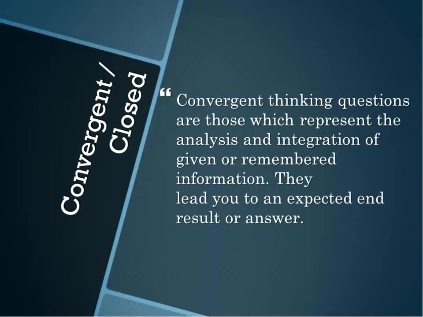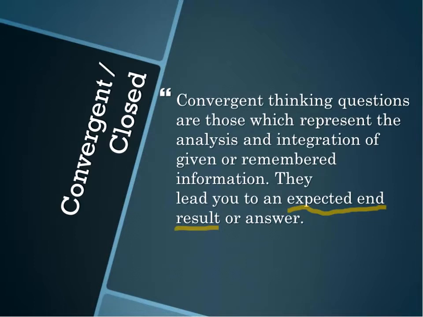Now, there's nothing wrong with closed questions. They're very important. They have their place in instruction, especially when I need to talk about things that need to be remembered or a process that needs to be followed. Because there are things in science and in the world that just have an expected answer or expected result, and they have to have that.